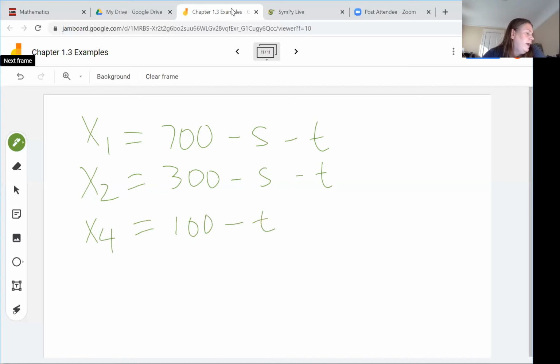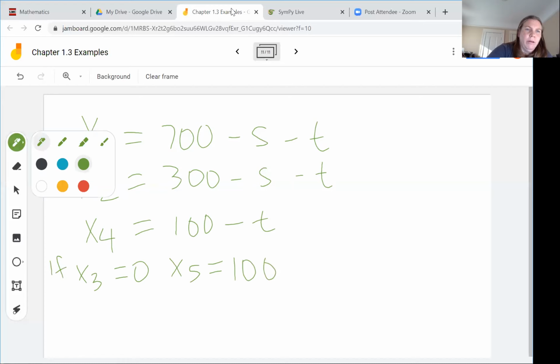All right, and then you might try to find specific values. So say you're told, okay, x3 equals 0 and x5 equals 100. Then you could go ahead and do some calculations.